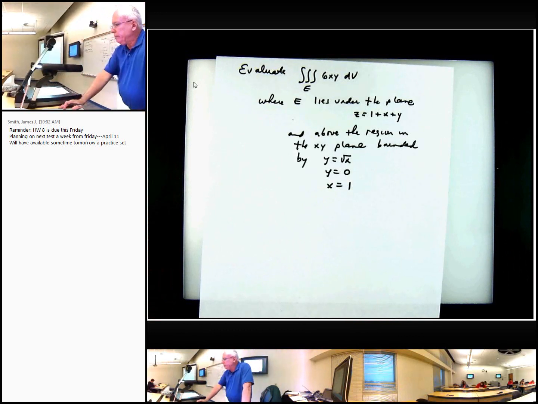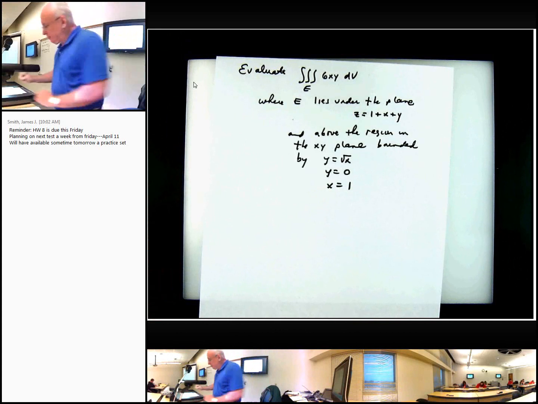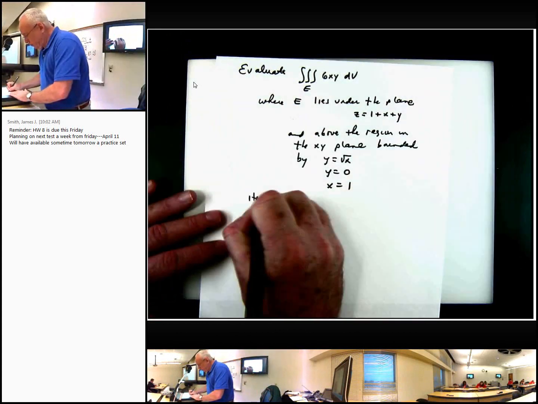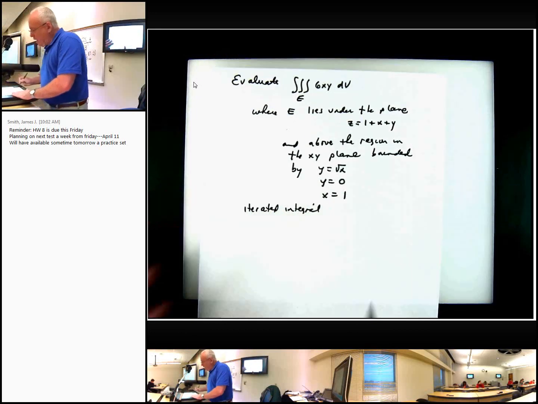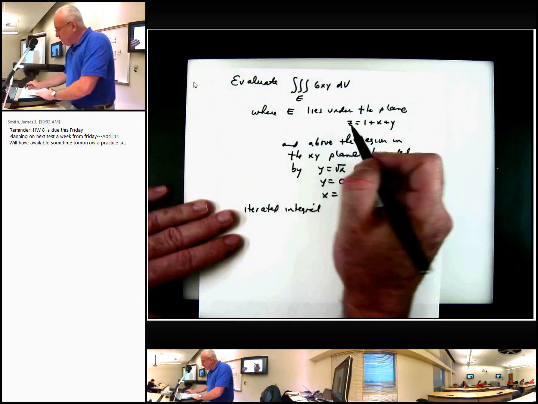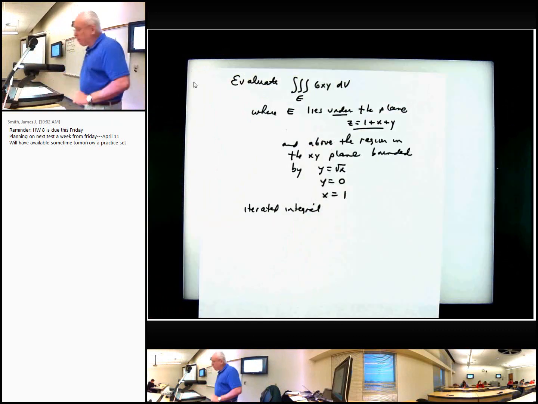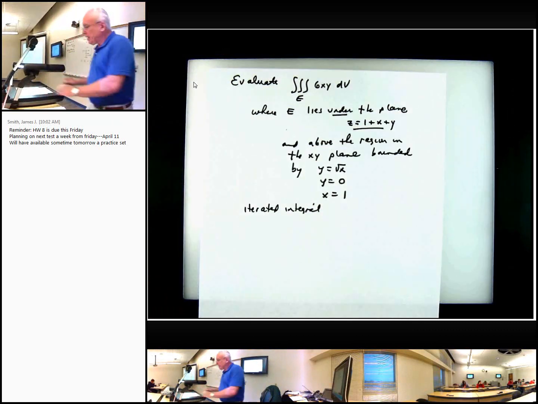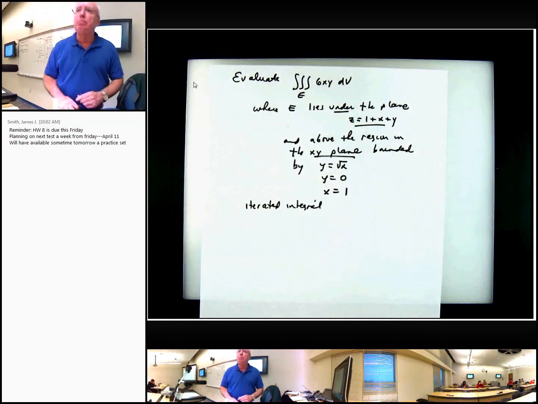Now, first of all, we know we have to make this into an iterated integral. Okay, we're given an expression for z. Z lies under z equals 1 plus x plus y, and it lies above a region in the xy plane.